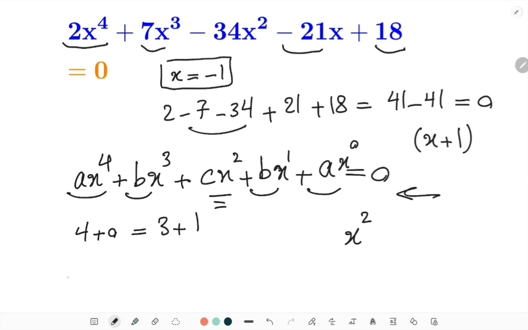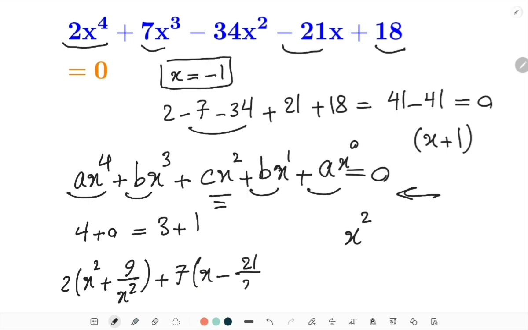Then I get 2 times x^2 plus 9 over x^2, and that gives me the 18 factor. And then here I have plus 7 times x minus 21 over x. Sorry, this must be 3, because then 7 is factorized.